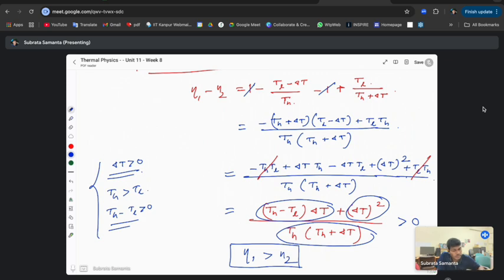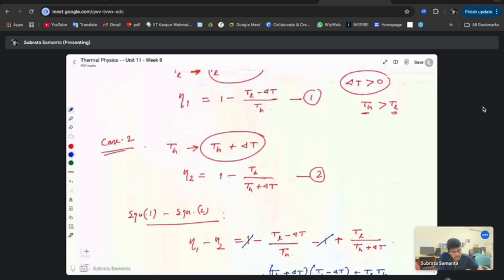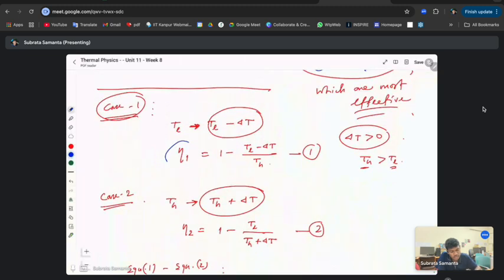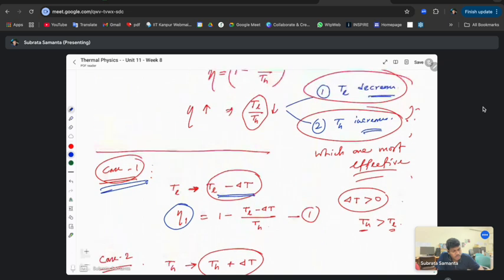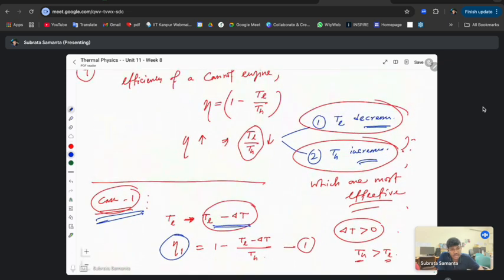So what is the process of eta 1? This one, right. So case 1, that means lowering the sink temperature.